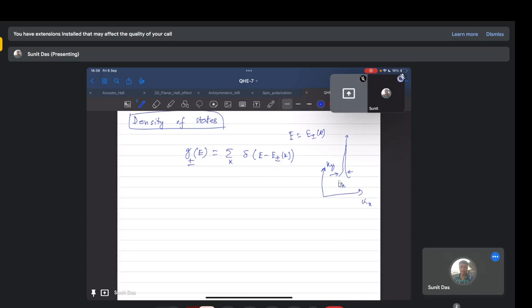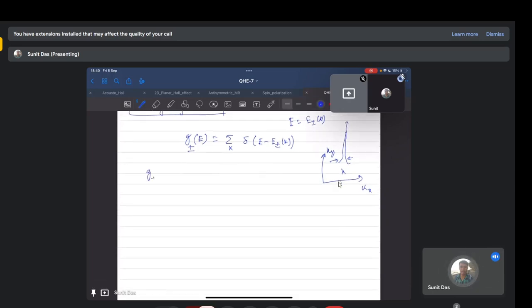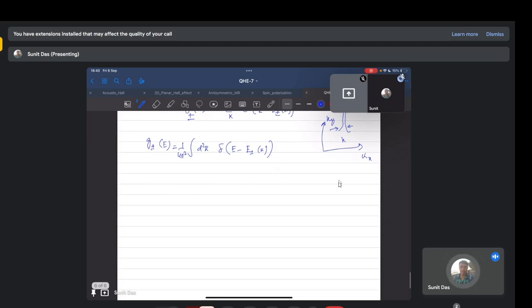So in a two-dimensional system, this g plus minus of energy, let's say g plus minus of E, can be written, if we go the conventional way, as the sum over k of 1 by 4 pi square, and this will be d2k, and delta of E minus E plus minus of k, for the plus state and minus state.